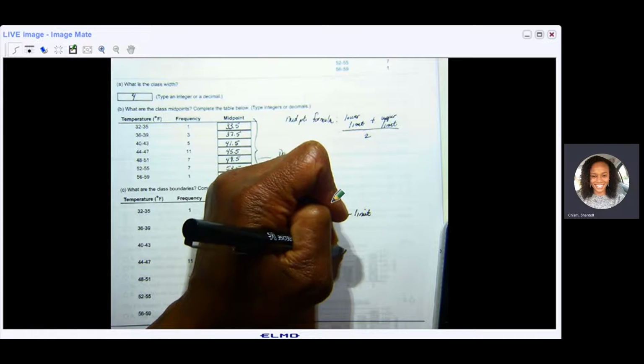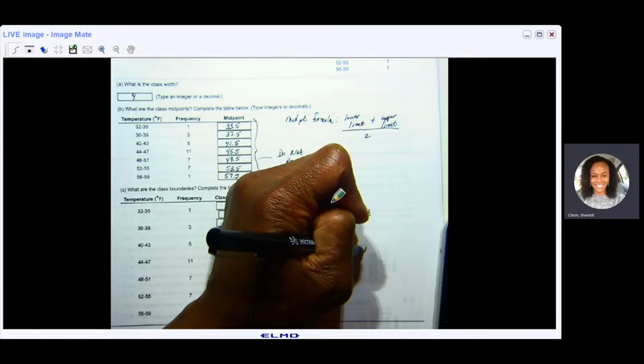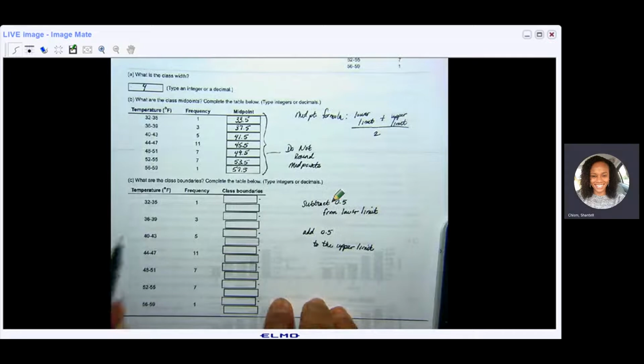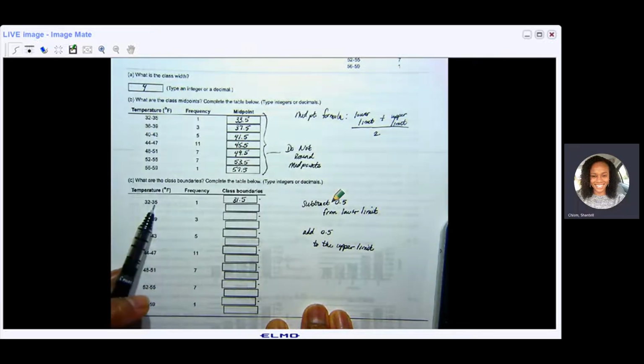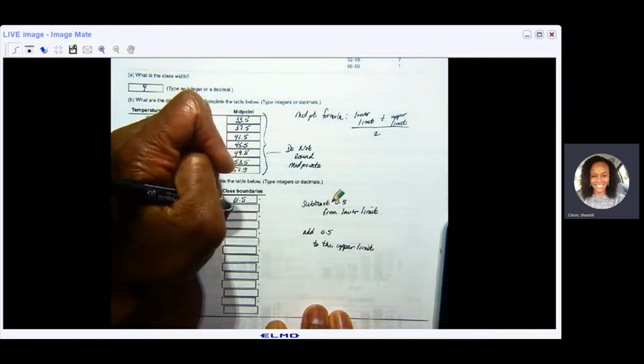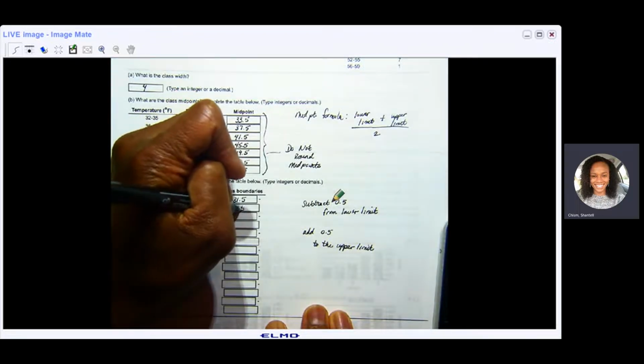This is so that you can get the class boundaries. So for this first class, you have 32 to 35. The lower limit is 32, so you will subtract 0.5 from the lower limit, and that gives you 31.5. And then you will add 0.5 to the upper limit, and that gives you 35.5.